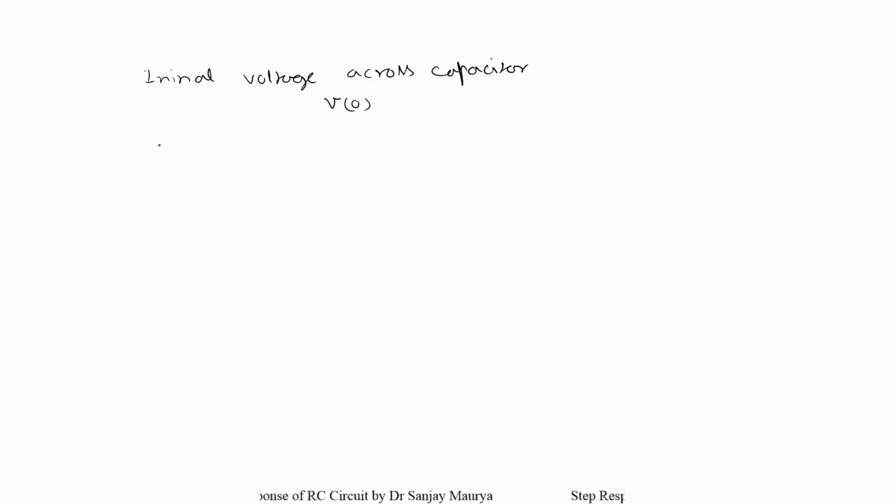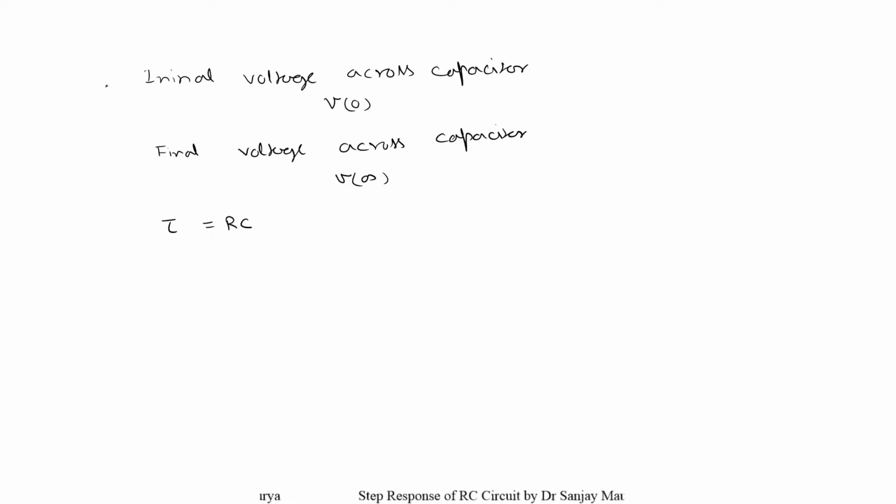The second is the final voltage across the capacitor, that is V infinite. And the last is the time constant tau, which is RC. If we have determined all three, then we can find the response of the circuit.